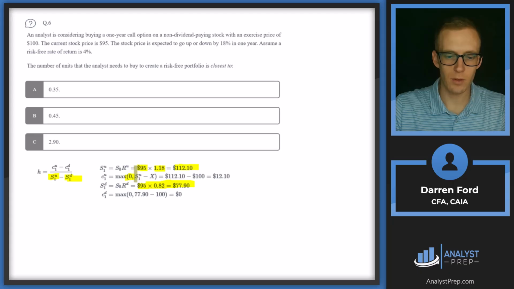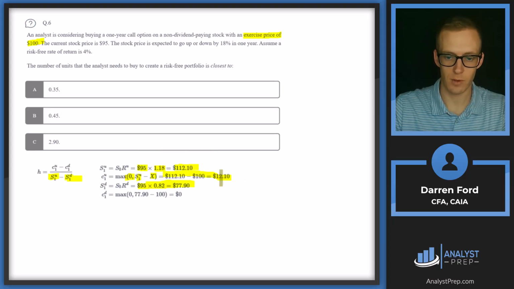So our value for call option up will be the stock price minus the strike price. We've got a stock price of 112.1. Our strike up here is our exercise price of $100. So we just subtract those two and we get 12.1. So we're going to take the greater of 12.1 or 0.